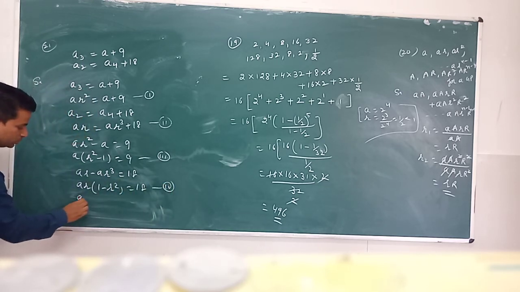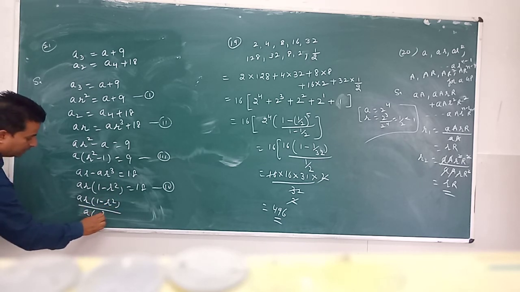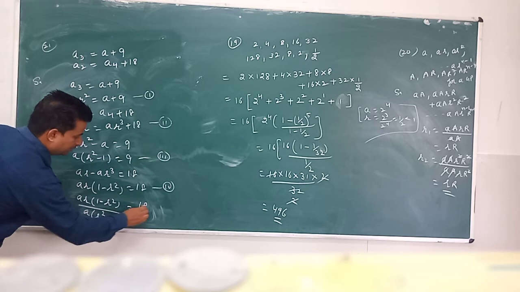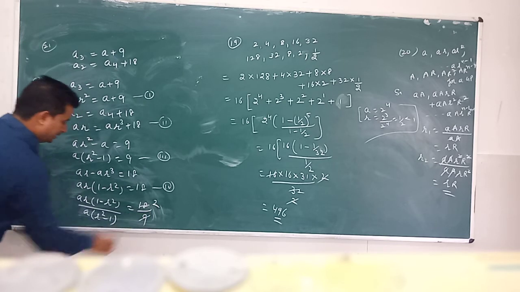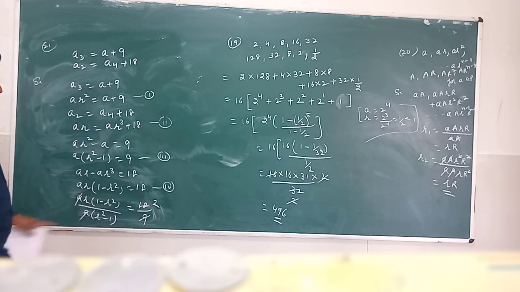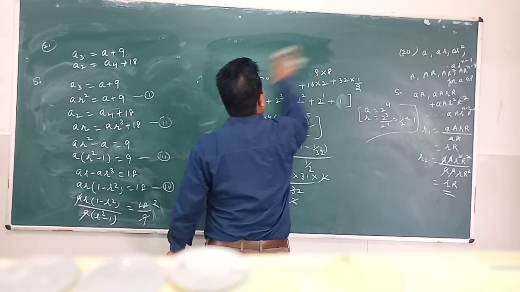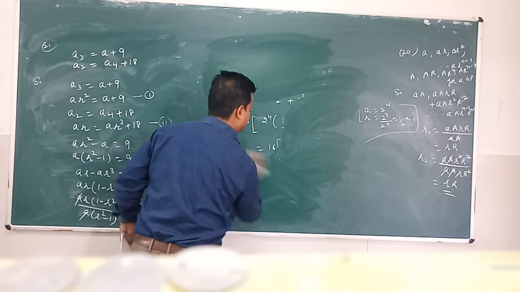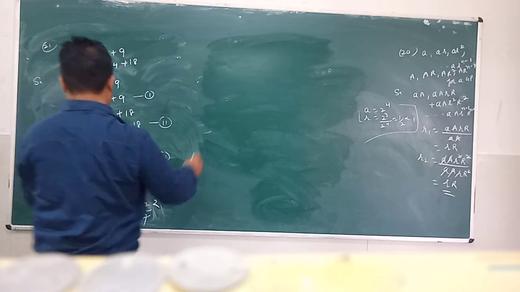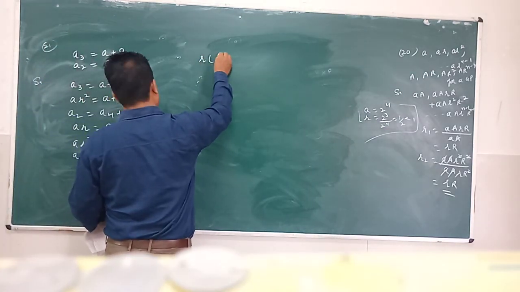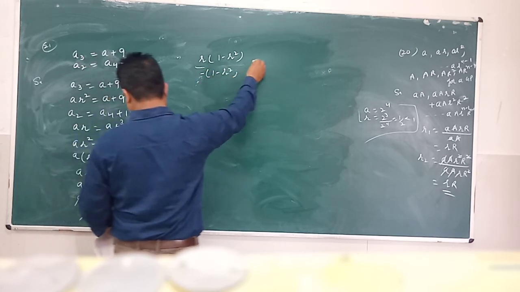Divide these two equations: ar(1 minus r square) upon a(r square minus 1) equals 18 upon 9, which is 2. Here a is cancelled out, and when we take minus common, minus r(r square minus 1) upon (r square minus 1) equals 2.